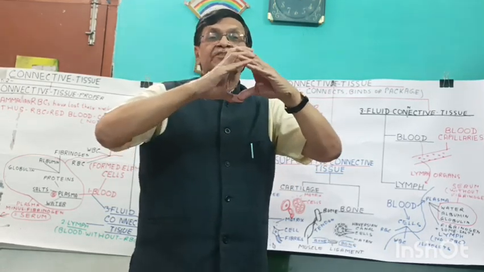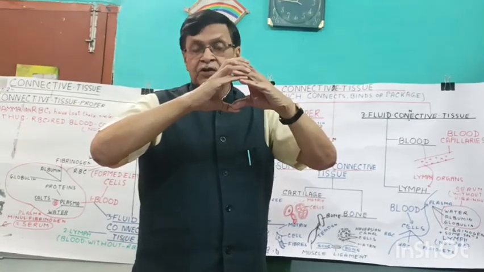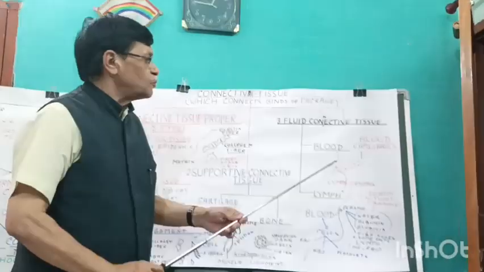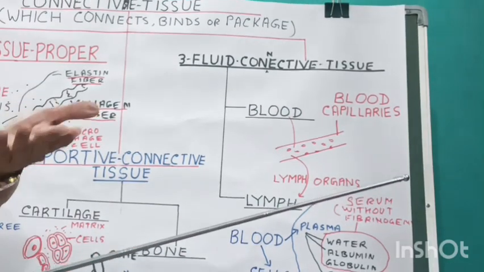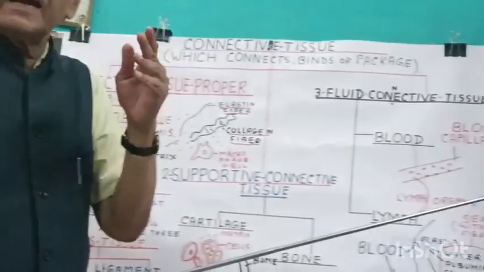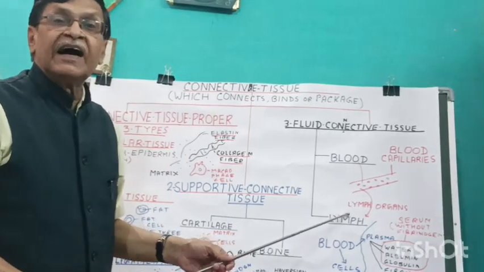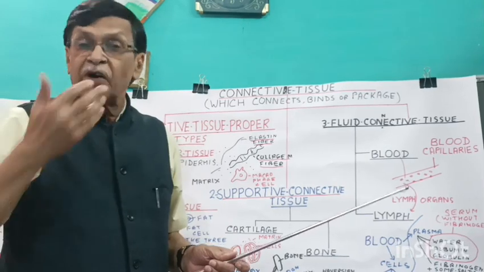RBC is like a poppins-shaped, flat ring-like structure. So through these blood capillaries, RBC cannot pass out, but all the remaining parts, WBC and the blood plasma, go out through these pores, and it surrounds all body organs and body parts.